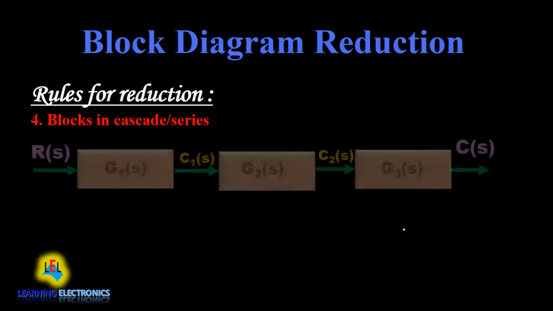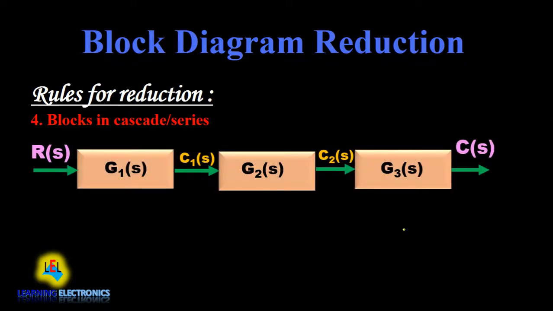Next is blocks in cascade. Whenever the blocks are connected in such a fashion that the output of one block is the input to another block, they are said to be in cascade. Here we can see that the output of G1(s) is C1(s), which is the input to G2(s), and the output of G2(s) is C2(s), which is the input to G3(s).